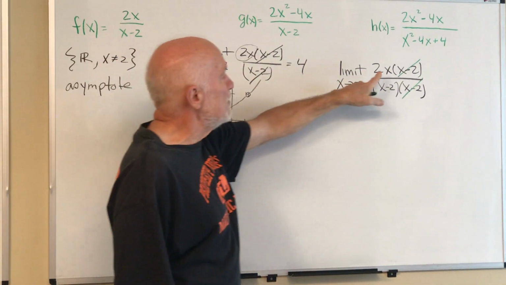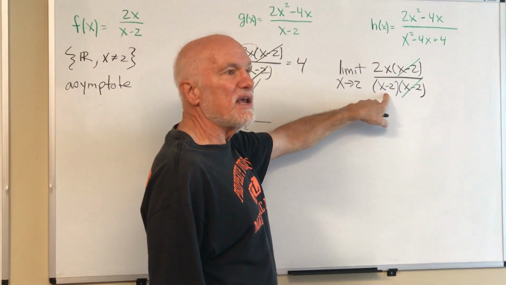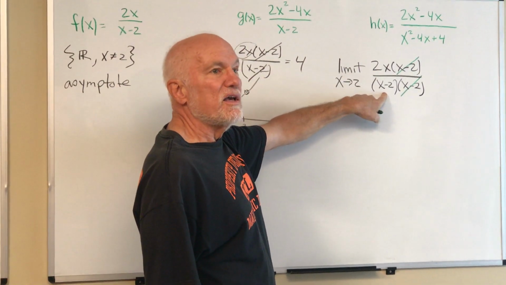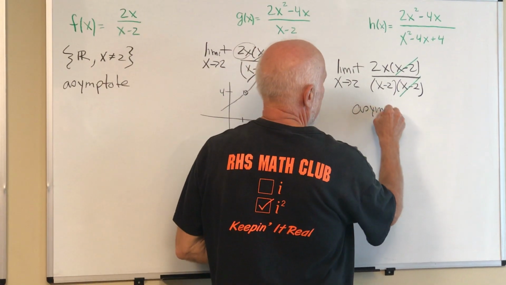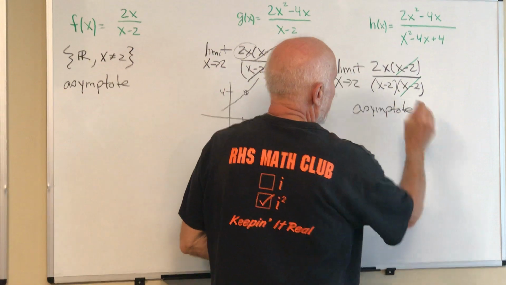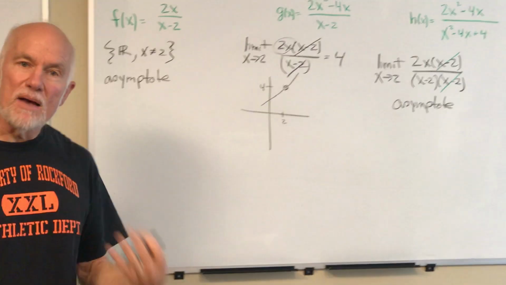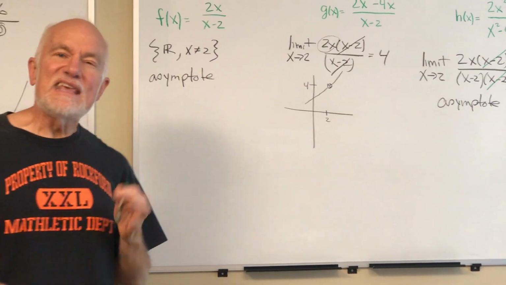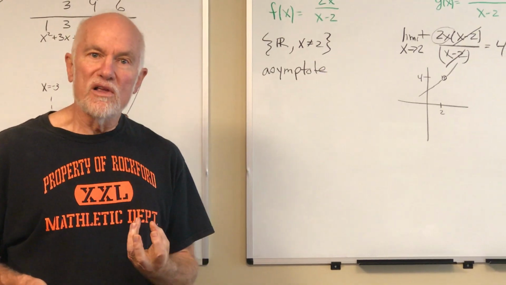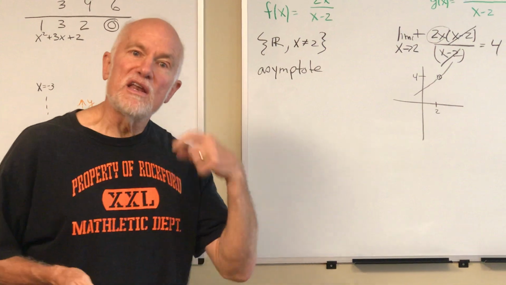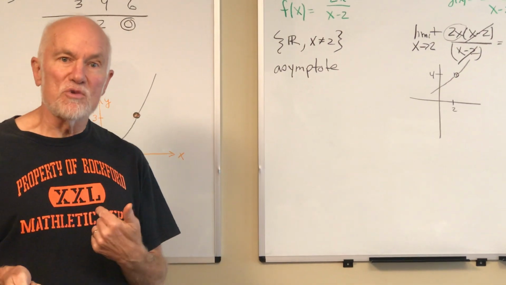The numerator is getting close to 4, and the denominator is getting close to 0. So we're going to have an asymptote again. The reason I made up this example was to show you that yes, usually if you get 0 over 0, we have a hole, and if you get a number over 0, you get an asymptote.